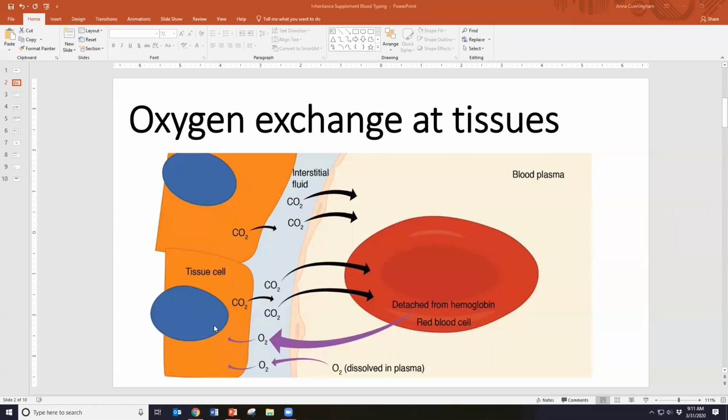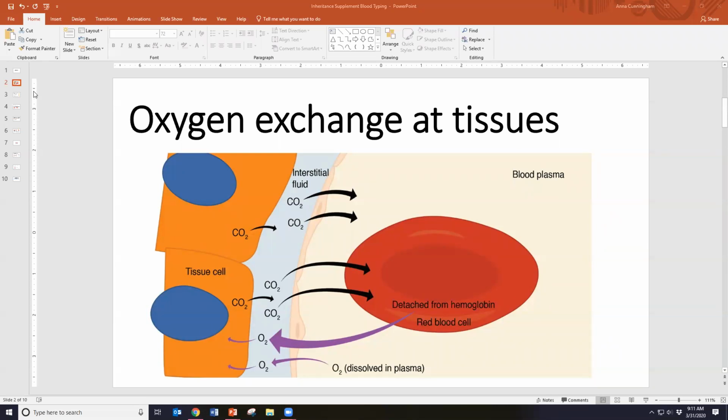But then once they generate that energy and have the byproduct of carbon dioxide, you can see with the black arrows that it's loaded on the red blood cells, carried back to the lungs, and then you breathe it out. So that's why they are so important.